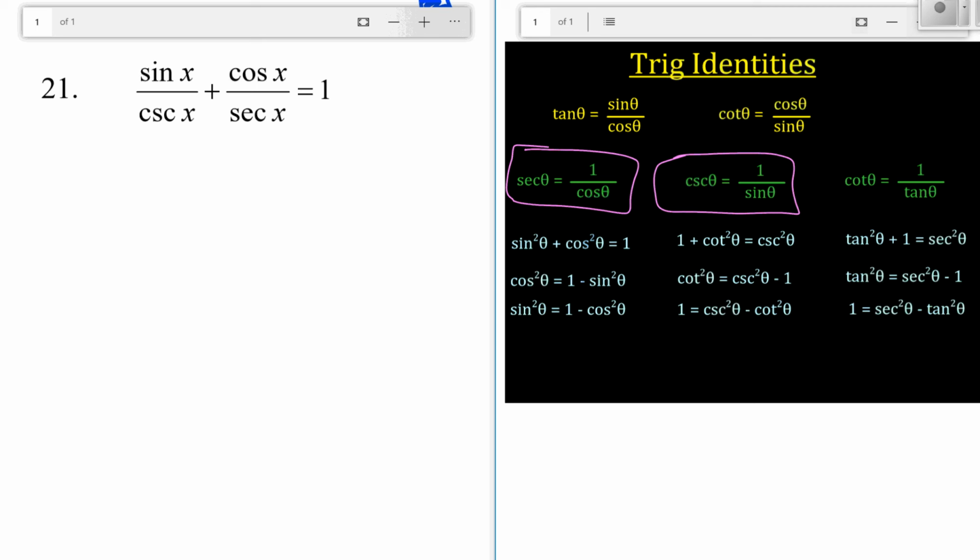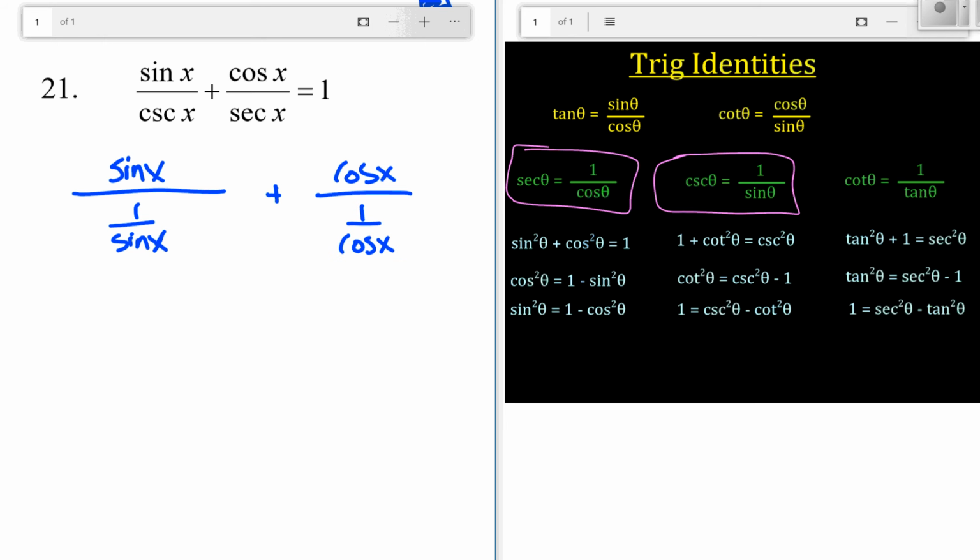So this will be sine x over, and then cosecant is 1 over sine x, plus cosine x over secant, which is 1 over cosine x. And then when we're dividing by fractions, we can multiply by the reciprocal.